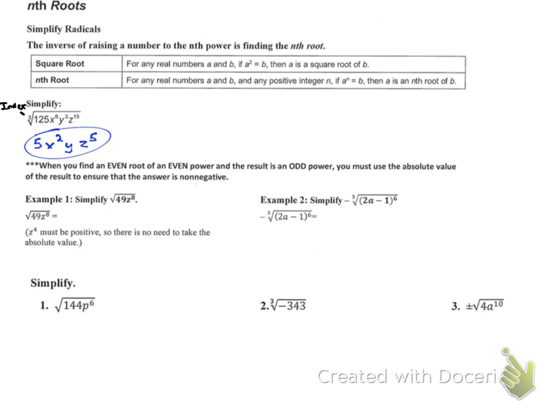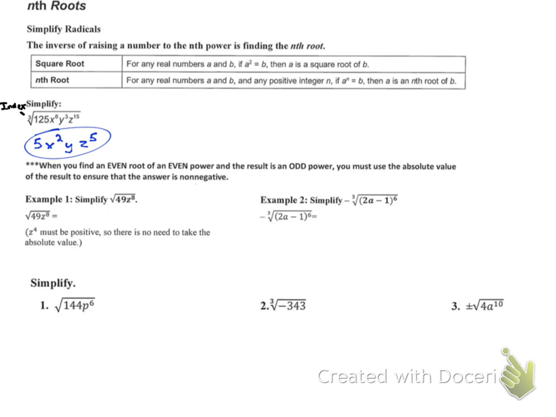So if the index number is even, and the variable's exponent is even, and the answer is a variable with an odd exponent, you have to put absolute value around that variable, because that number will always be positive. So you have to symbolize that in the answer with absolute value, because absolute value makes everything positive, okay?